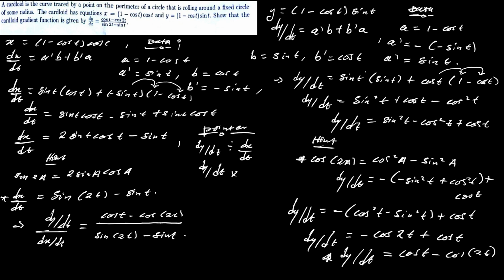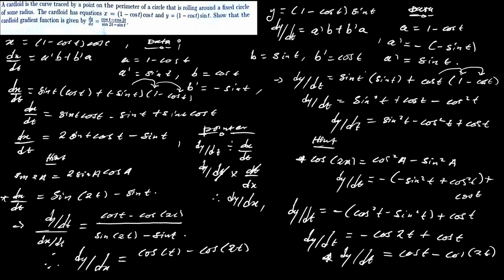So we're saying times dt/dx, meaning that the dt and the dt will cancel out and you just end up with dy/dx. So dy/dx is equal to cos t minus cos 2t over sine 2t minus sine t.